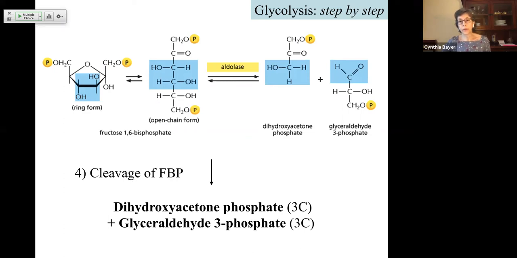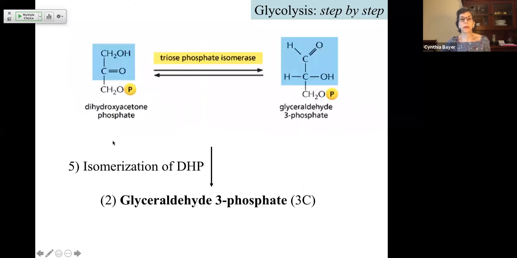Now, what's really important for glycolysis to be able to overall generate more ATP than was used to get to this state is that in the next step, dihydroxyacetone phosphate can be converted to another molecule of glyceraldehyde 3-phosphate. So this is an isomerization step. One of these 3-carbon sugars can be converted to the other.